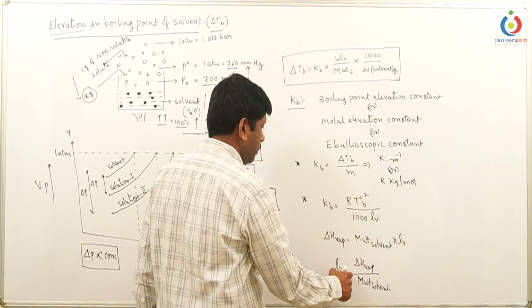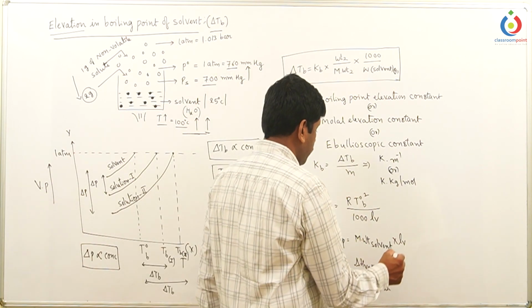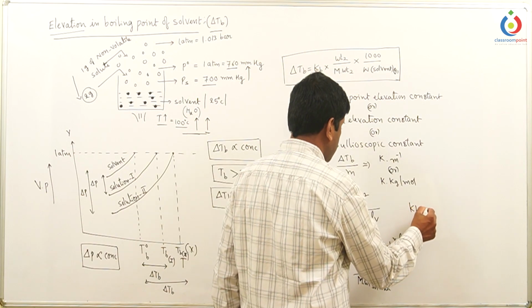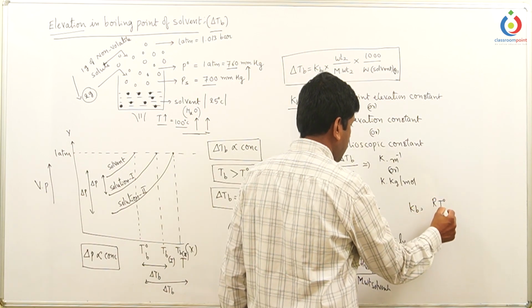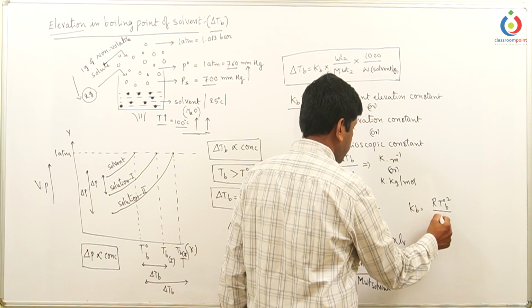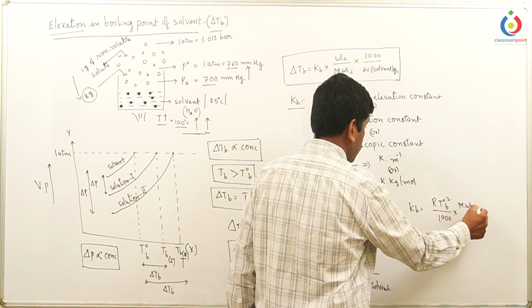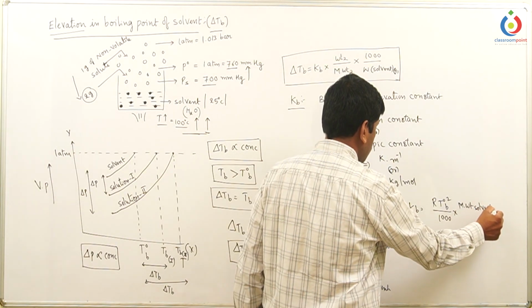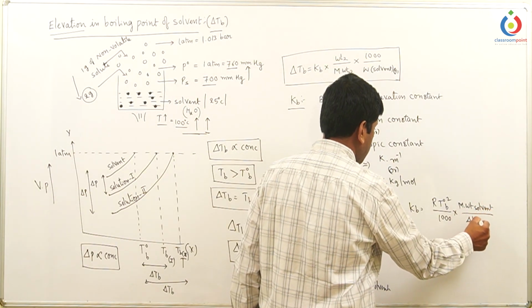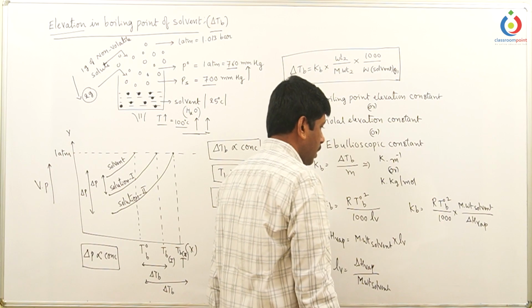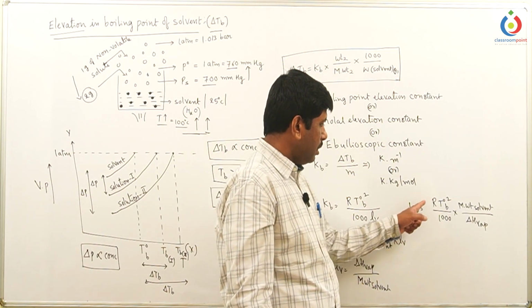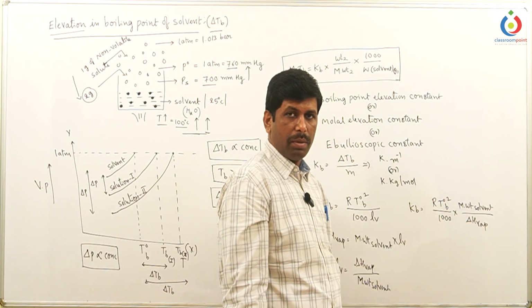So by substituting its value in this equation, we shall get KB equals R T naught B square divided by 1000 into molecular weight of solvent divided by delta H of vaporization. Now you see that these are all constant values for a mole of the substance.